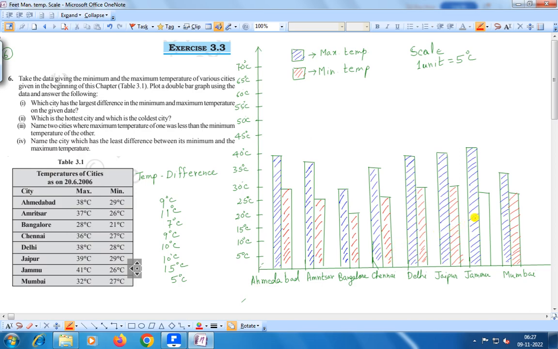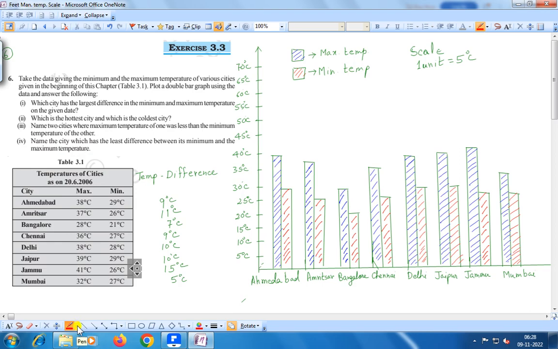This one is also red. We have got the double bars, and the blue bars represent the maximum temperature, and the red bars represent the minimum temperature, right?